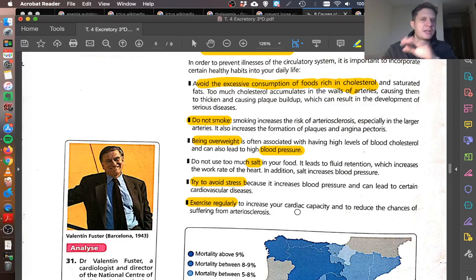The problem is not eating food with cholesterol. The problem is not eating enough food that is good. That's the problem. So we need to start eating a lot of vegetables and a lot of food that is good. Vegetables and fruits. Yeah.